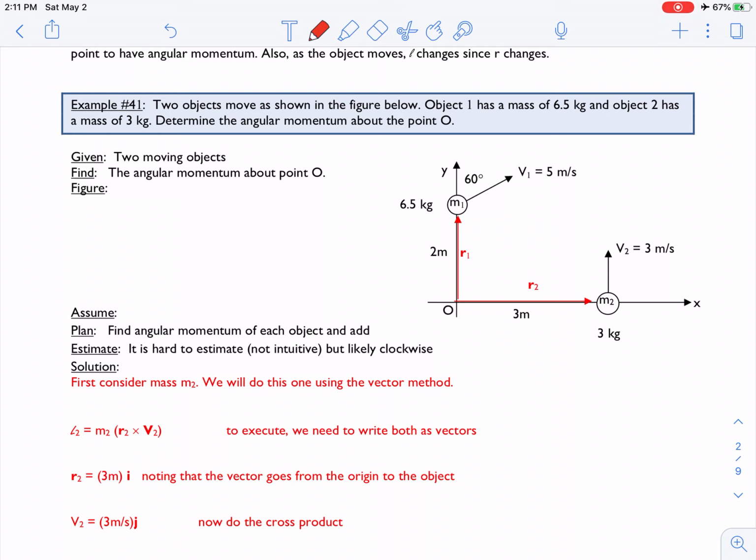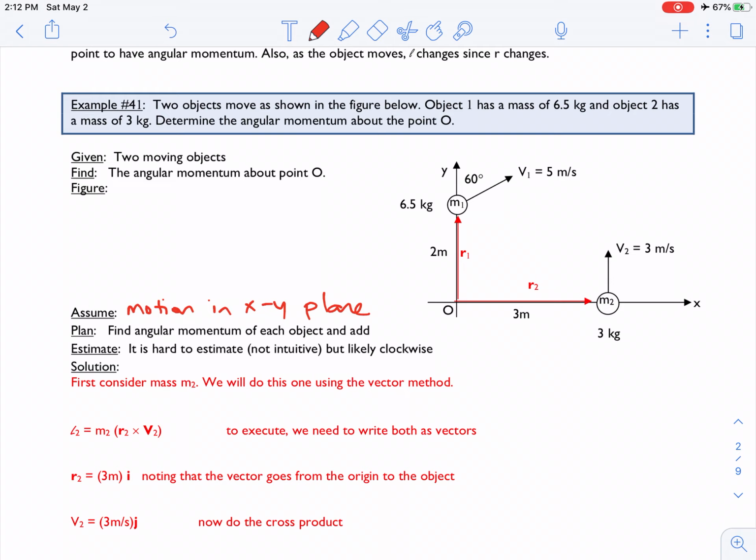So assume motion in the xy plane, for example. And we are dealing with particles, so we ignore drag and everything else, and we assume those velocities are constant.